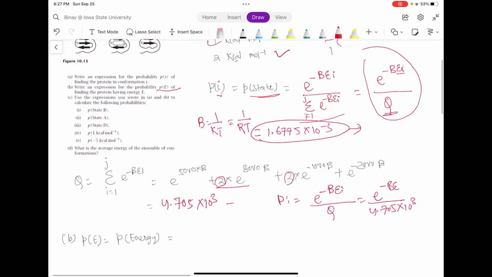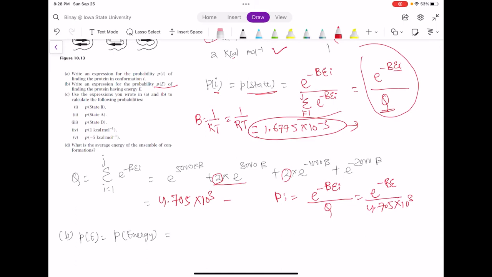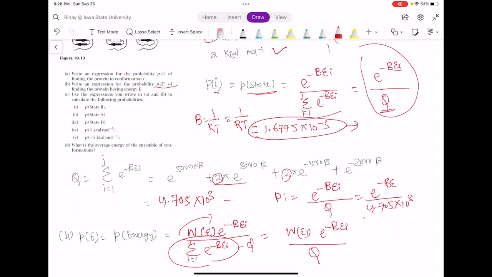For that we need another formula from class: P of E equals W of E times e to the power minus beta E divided by the summation of i from 1 to j of e to the power minus beta epsilon i. W is the number of microstates in a given macrostate, and the denominator is Q. I already know the Q value from above, so that's the way to calculate P of E.